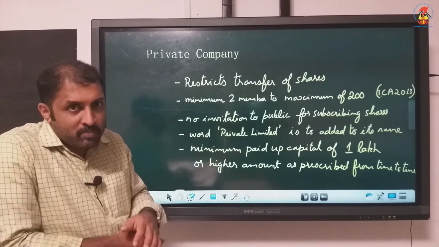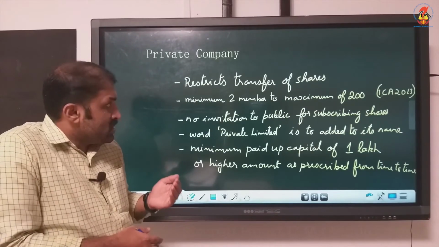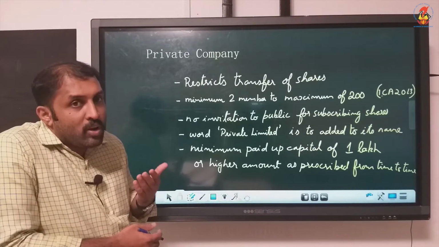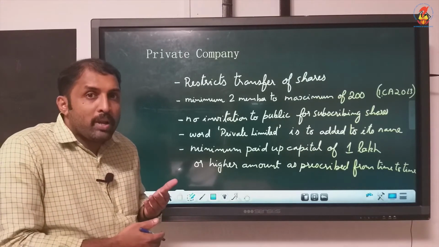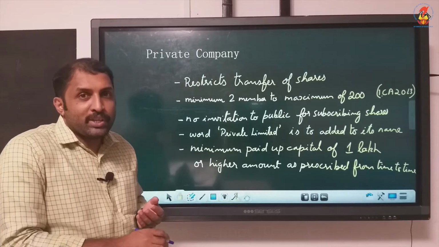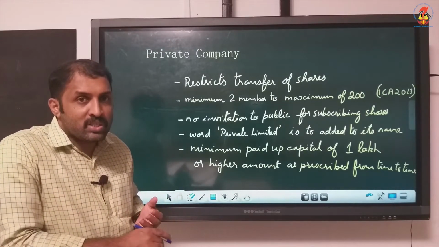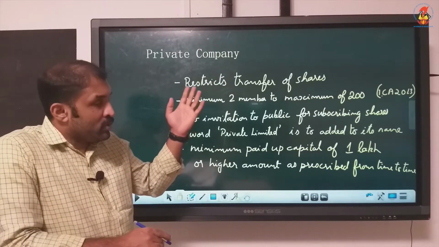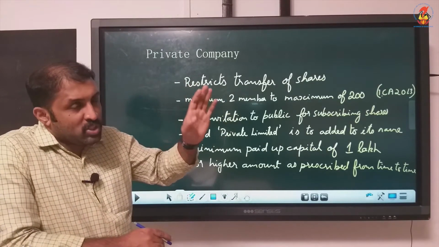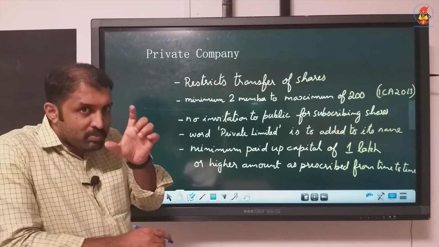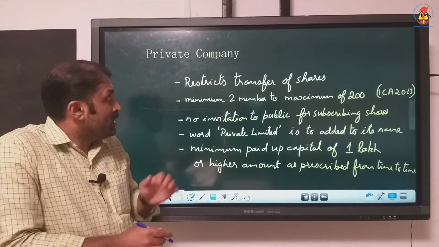The company will not invite the general public to subscribe for shares, and once they purchase shares, they will not be allowed to transfer them. That is the basic concept of a private company.